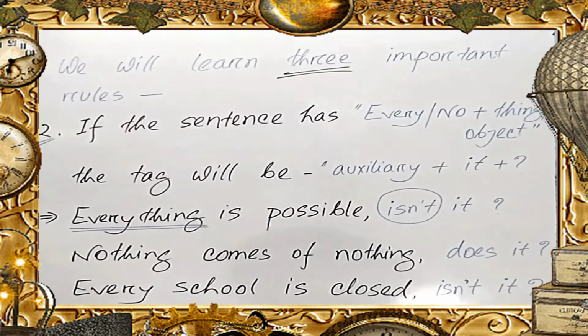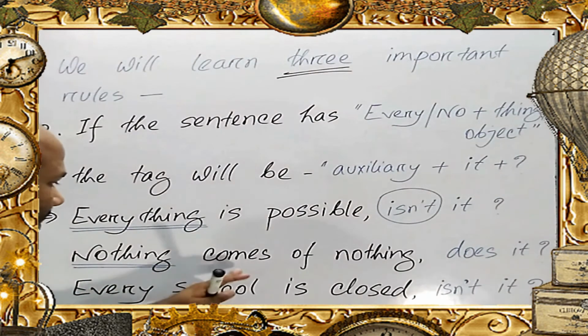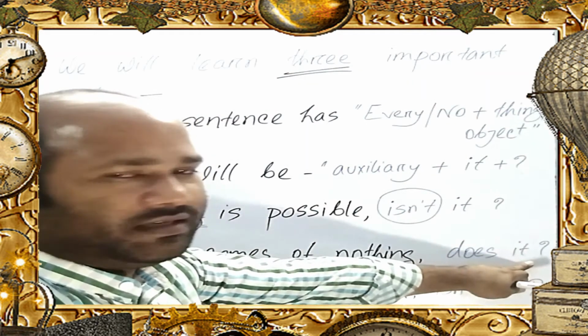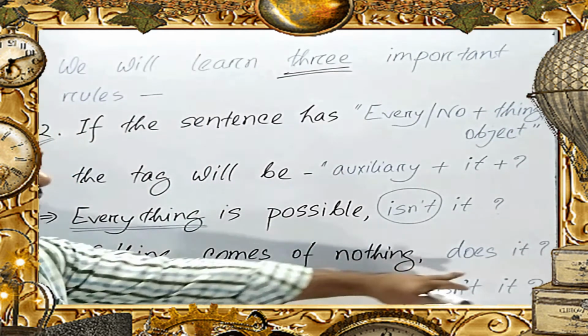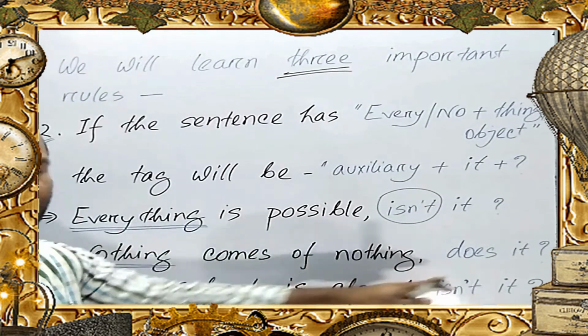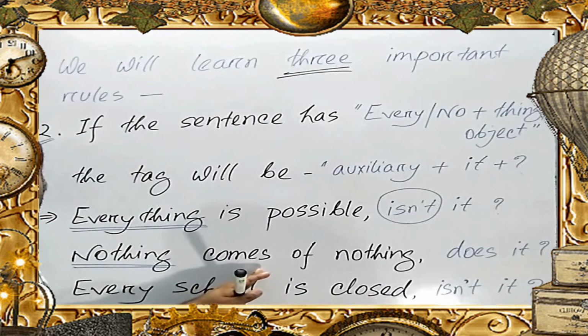Then, nothing comes of nothing. It is a famous dialogue. Here the subject is nothing. As it has no, it is singular, and for this reason it will take it. And for comes, it will take does as the auxiliary, because there is no auxiliary in this sentence.